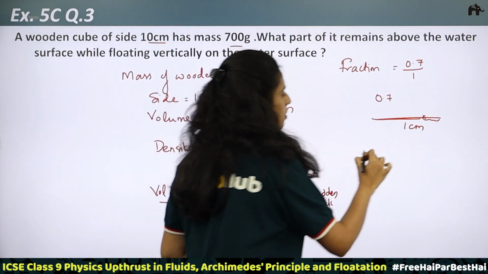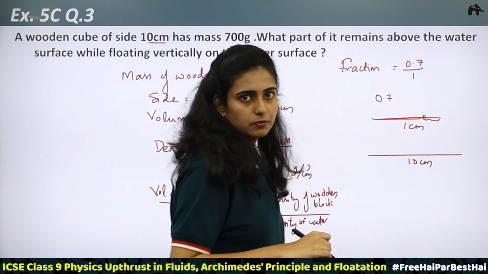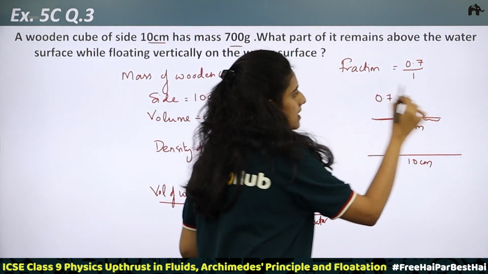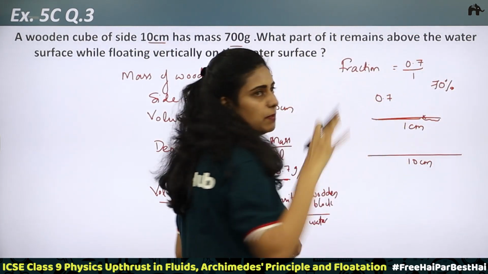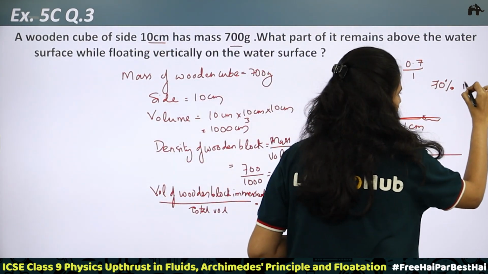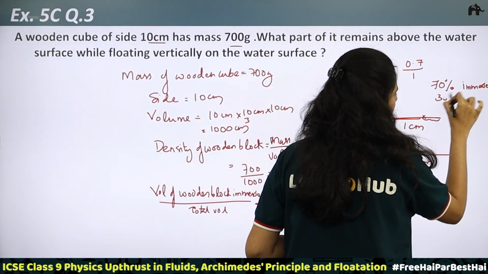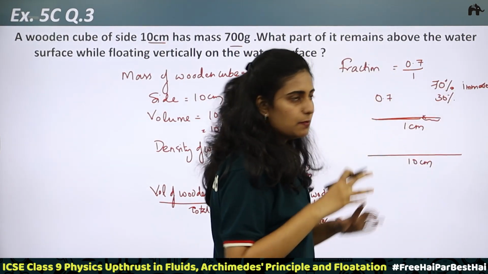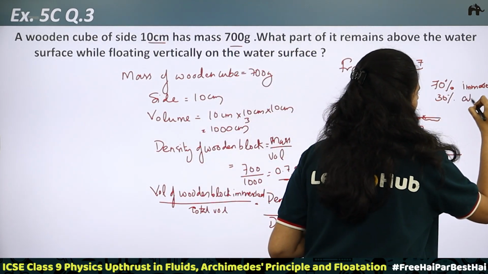So here we know 10 centimeter is the side of the block. What does it mean? 0.7 means it is 70%. So 70% is immersed. If 70% is immersed, then the remaining 30%, total 100%, 70% is immersed means 30% will be above water.